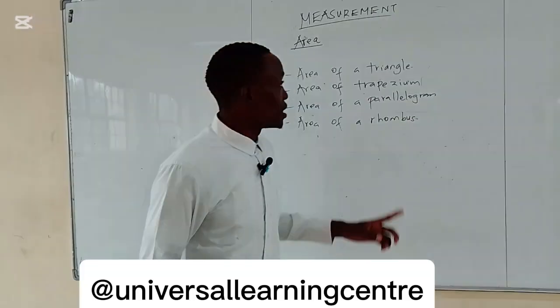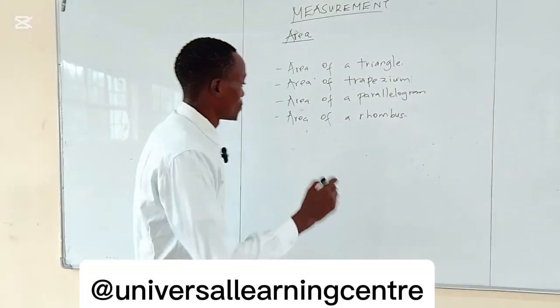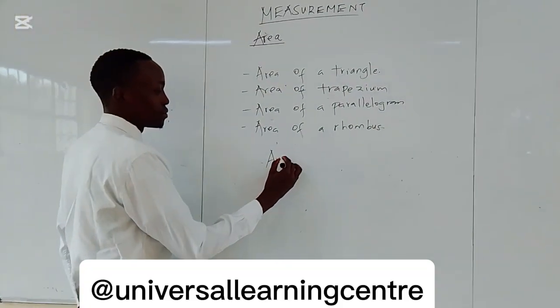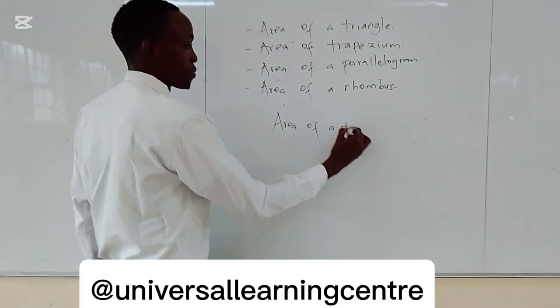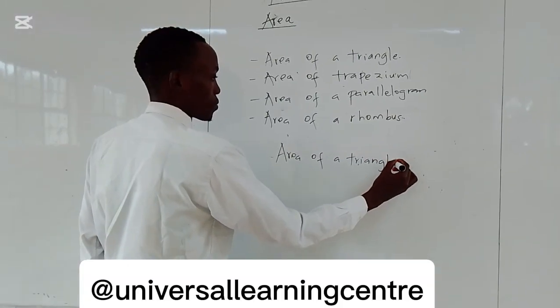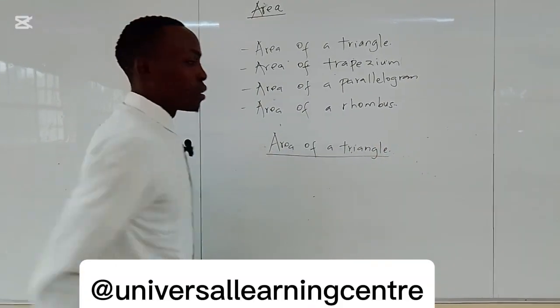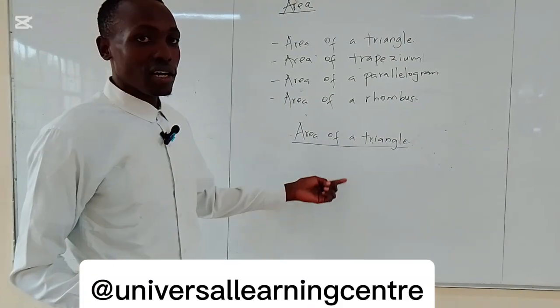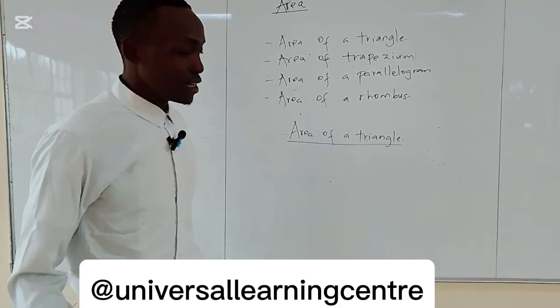So let us talk about area of a triangle. So I'm going to start by area. So as you all know, a triangle is a three-sided figure. So you can draw a triangle.